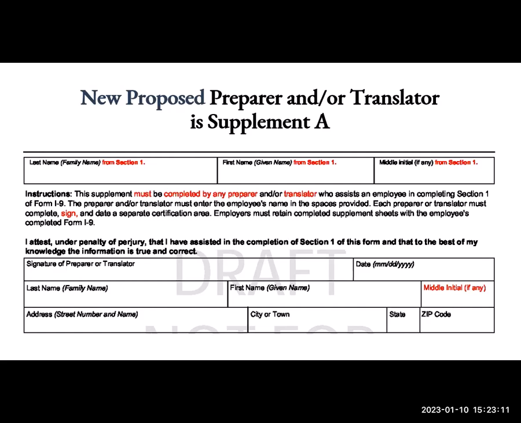I'm sure there are fields where this is being used all the time, but for your purposes, it's going to be available. You do not have to keep it with the Form I-9 if you don't use it. Okay, so that's what the preparer looks like. Let's look at the next one.